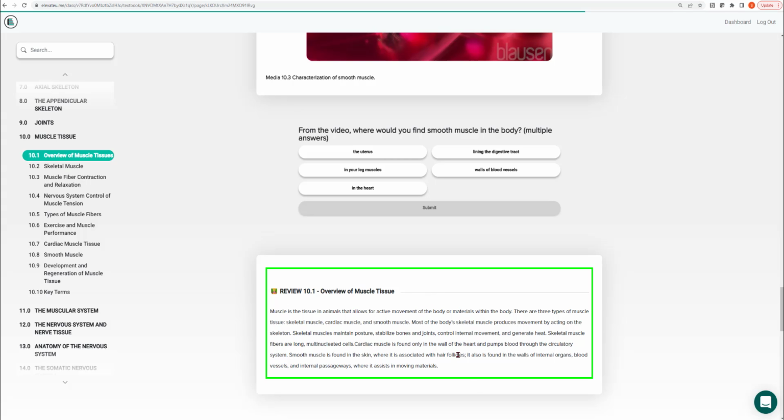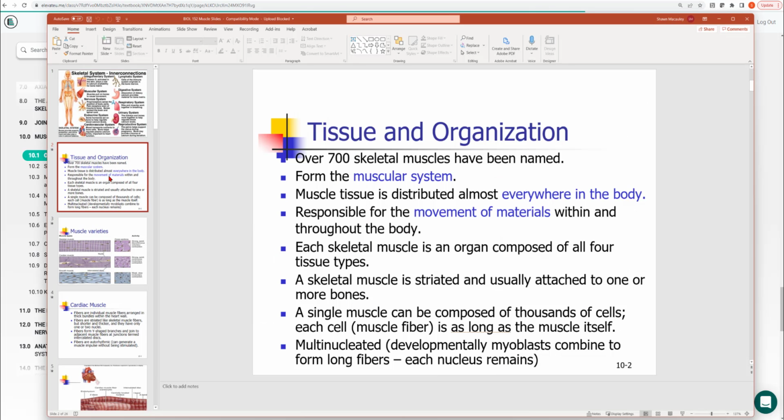I'm going to click over to the set of images that are attached and just say a couple more things, and then we'll go back to look at the other part of the lesson. But in your body, again, we're comparing and contrasting all the muscle types. There are over 700 skeletal muscles that have been named in your body. You can thank me later that we're only learning 60 or so muscles.